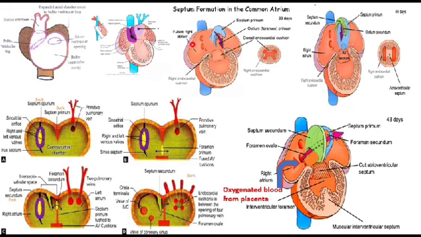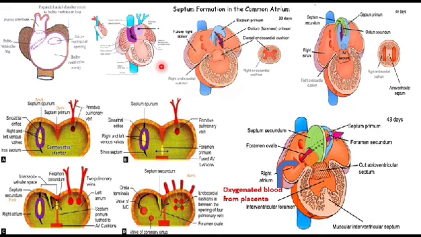And this formation of the septum primum is stimulated by the pressure of the bulbus cordis over the roof of the primitive atrium. That pressure initiates the formation of the septum primum.